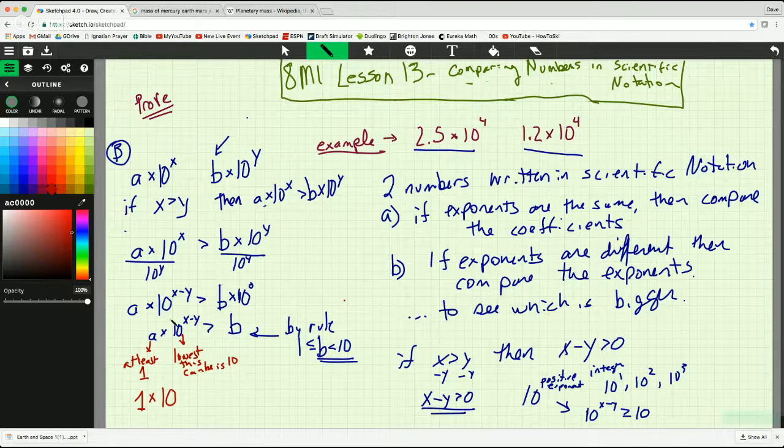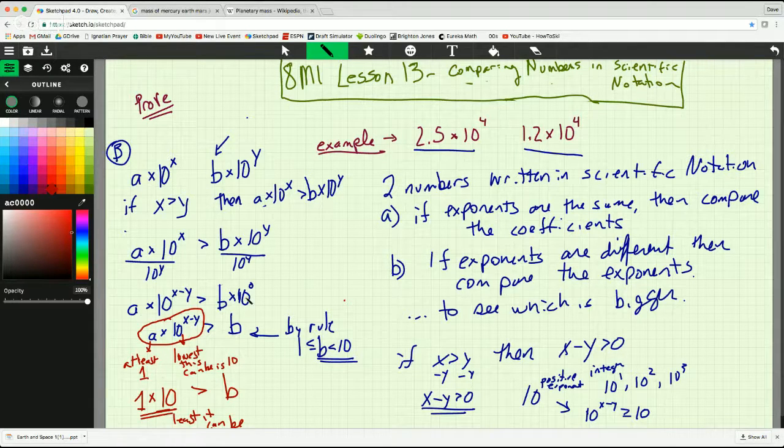The lowest that this can be over here is a 10. And if the lowest that this can be is a 10, this is the least it can be. And if the right side is less than 10, then I know that this left side is greater than this right side.